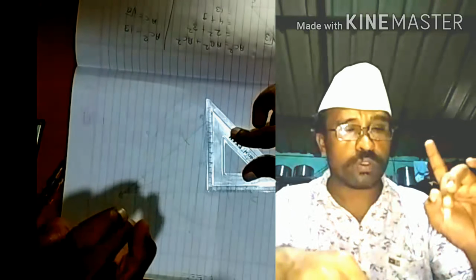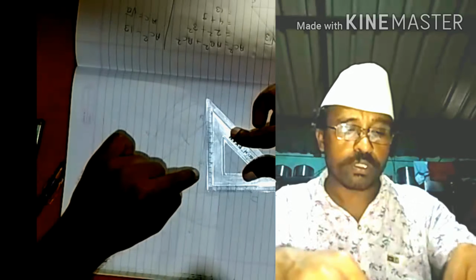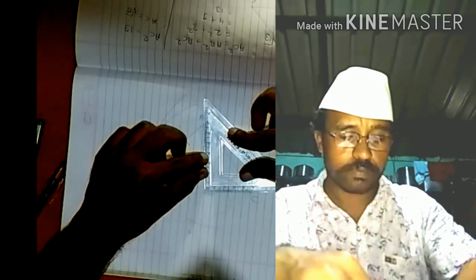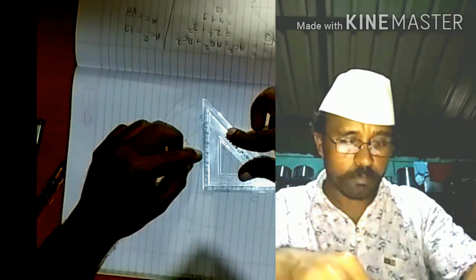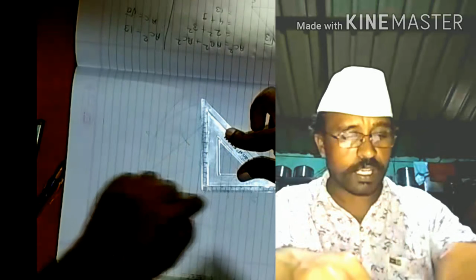That is also wrong. So we have to adjust the set square such that the base aligns on the side and the height touches this point. So let's adjust it. At this point I have adjusted it such that the base is touching the side of the triangle and the height is touching the point.